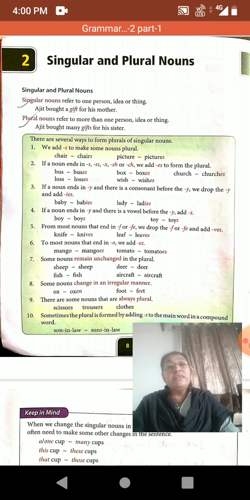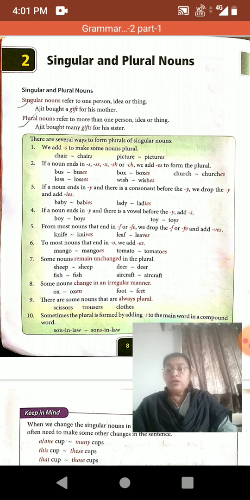We convert it to knives, K-N-I-V-E-S. Leaf. We see around us many trees, many plants are there. So leaf means a leaf. Leaves. F को रिमूव करके क्या ऐड करेंगे? VES. Leaf, leaves. Knife, knives.